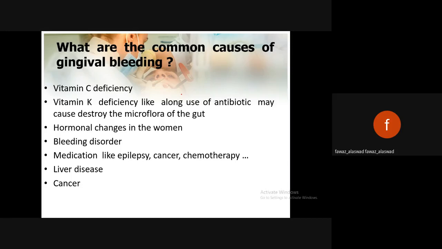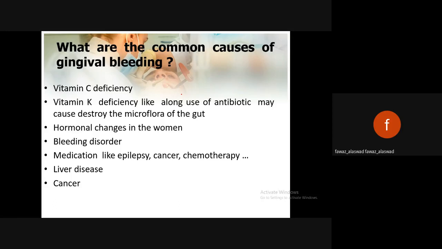Another thing that we are going to investigate is the gingiva, and sometimes gingival problems are mostly associated with bleeding. The most common causes of bleeding may be vitamin C or sometimes vitamin K deficiency, patients taking antibiotics for a long period of time, and sometimes hormonal changes.